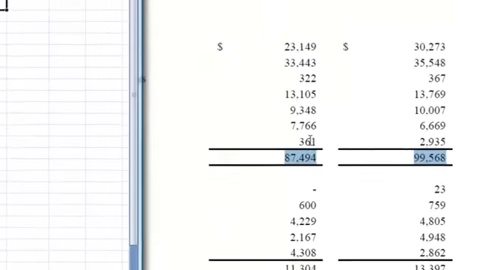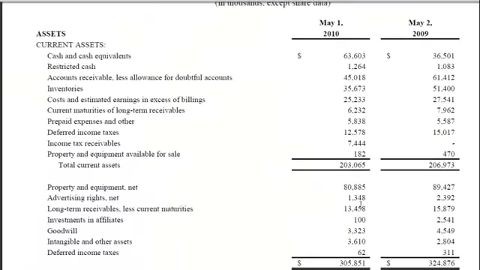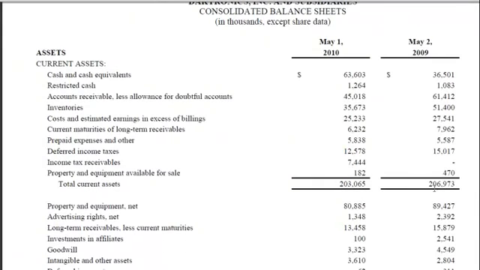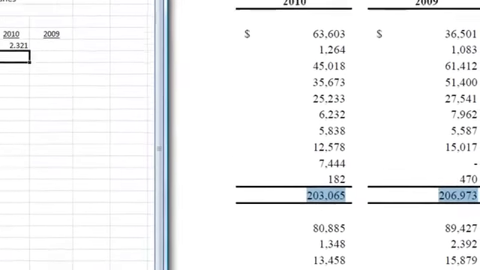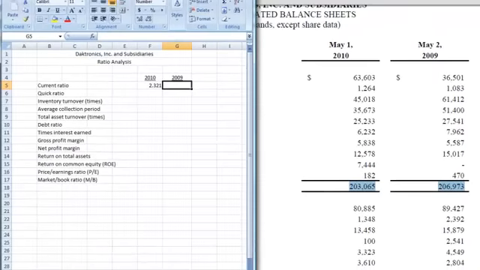Now the next thing we want to do is go back up to the top and do the same thing for 2009. If I highlight our current assets again, we see we have 206,973,000, and we can put that in our formula here: 206,973 divided by our current liabilities.